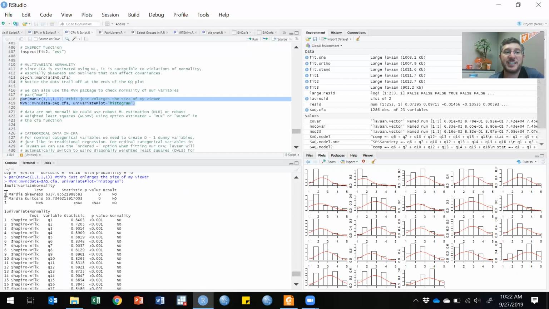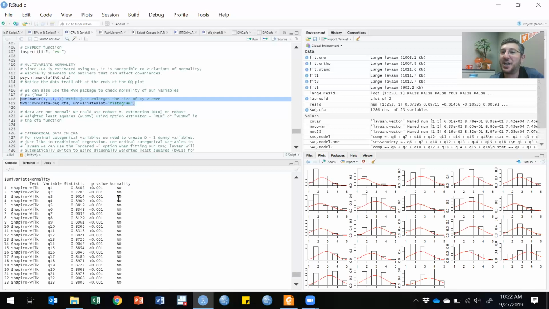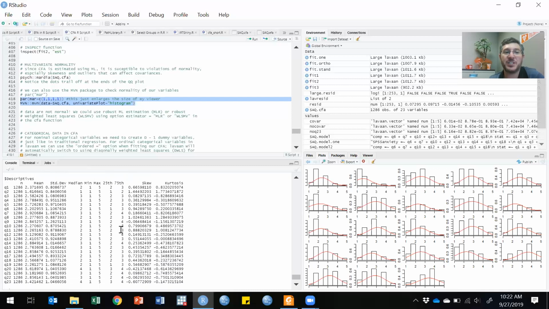You can see here are the same multivariate skewness and kurtosis coefficients, and notice it says no, not multivariate normal. And here are univariate normality tests for each one of our variables, and I like it says no. So it tells you straight up what's going on.